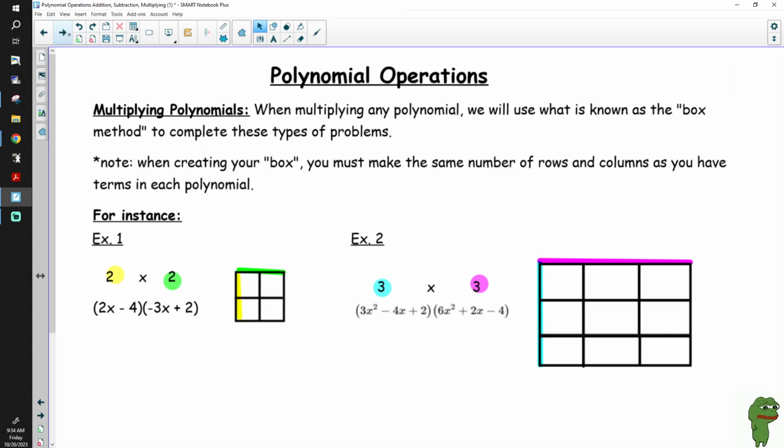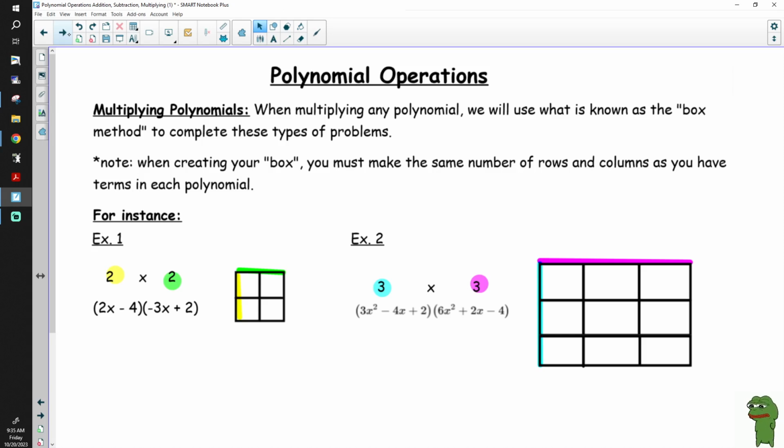This is the single sheet. The whole top half of this sheet is just talking about how you set it up. Now we've done the box method before, and it looked like this, right? So you need to make sure your box size corresponds to the size of your polynomials.